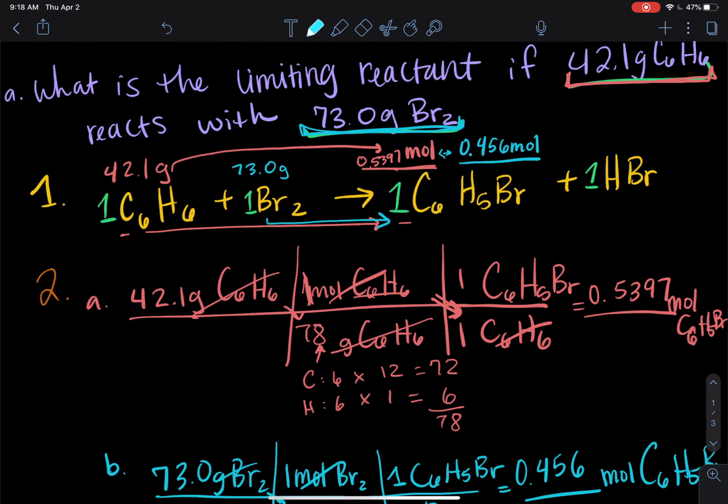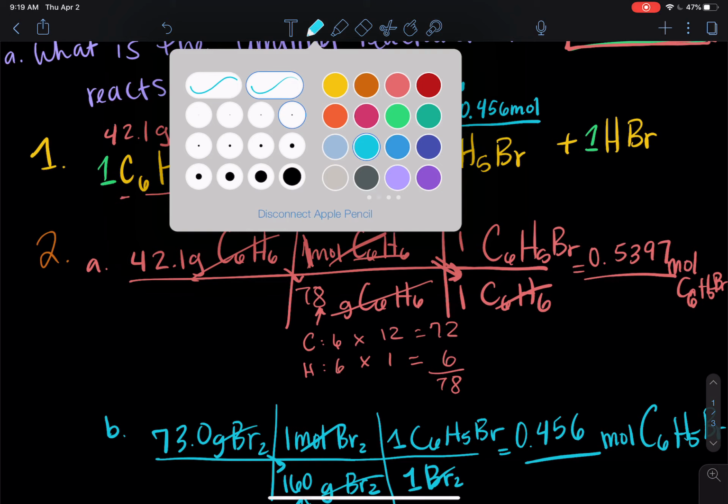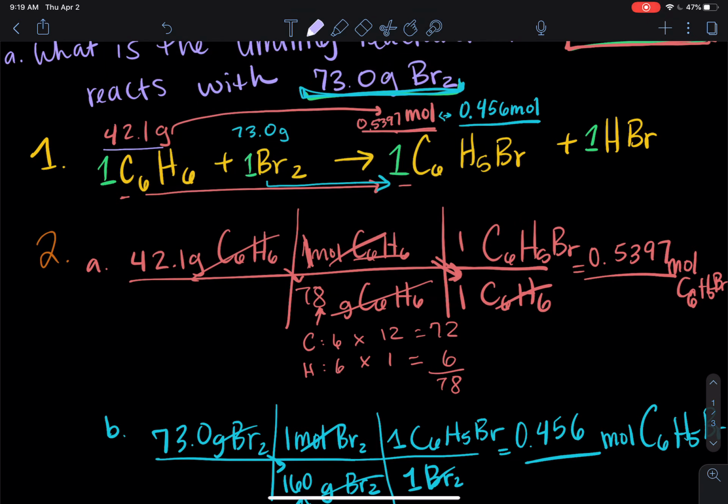So our question says, what is the limiting reactant between those two? Well, we started with this 42.1 grams of benzene. And we said if we had plenty of bromine, okay?